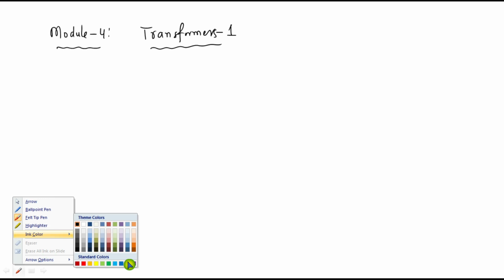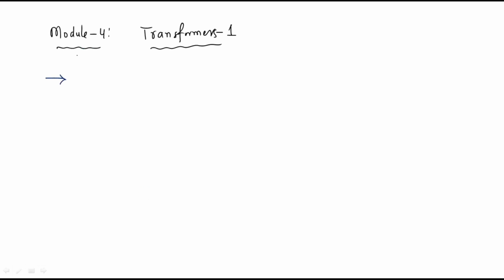Next, module 4. Module 4 is nothing but transformers. Transformer 1. Okay. So the contents which come under transformers 1 is nothing but principle of transformer and construction, ideal transformer characteristics.